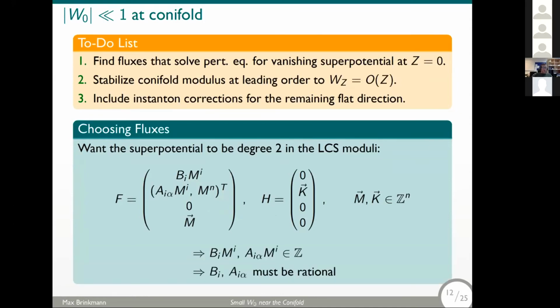Note that in order for us to have integer fluxes, also these combinations of fluxes and the structure of the Calabi-Yau should be integer, which also means that the BI and AI alpha have to be rational. These are the rationality conditions that Lorenz was alluding to. Note already here that I and alpha do not run over the same number of indices.